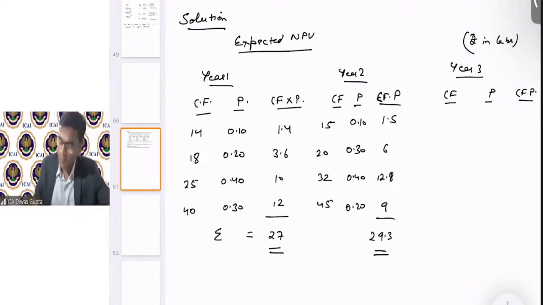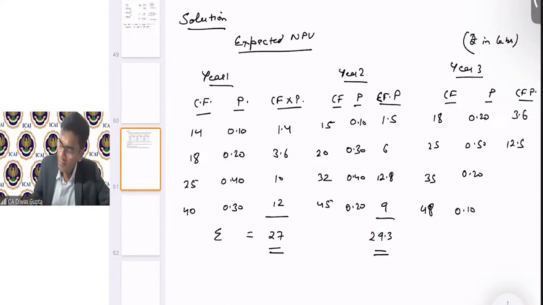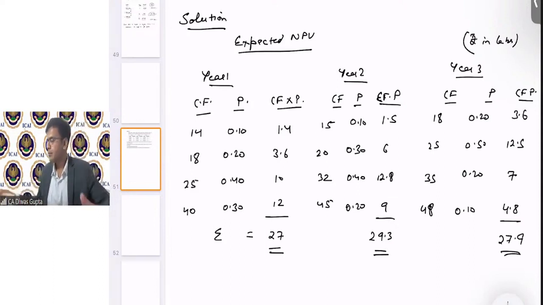Similarly, for the last year, 18, 25, 35, and 48. And the probabilities are 20%, 50%, again 20%, and 10%. So it becomes 3.6, 12.5, 7, and 4.8. So the total comes as 27.9.